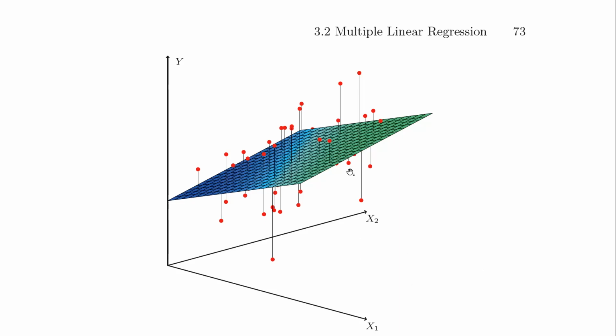What are these distances? Each black arrow that I'm emphasizing over here is the difference between actual and predicted.